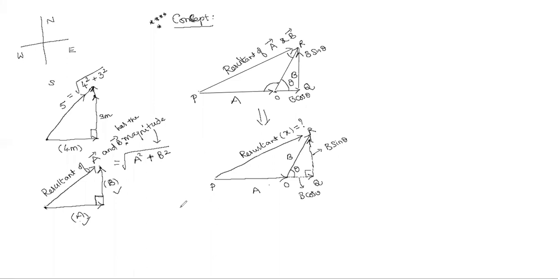Explain more clearly. Sir, first we should assume that the vector B is making an angle theta. This is B bar, the vector, and it is making an angle theta with the horizontal. Very good.